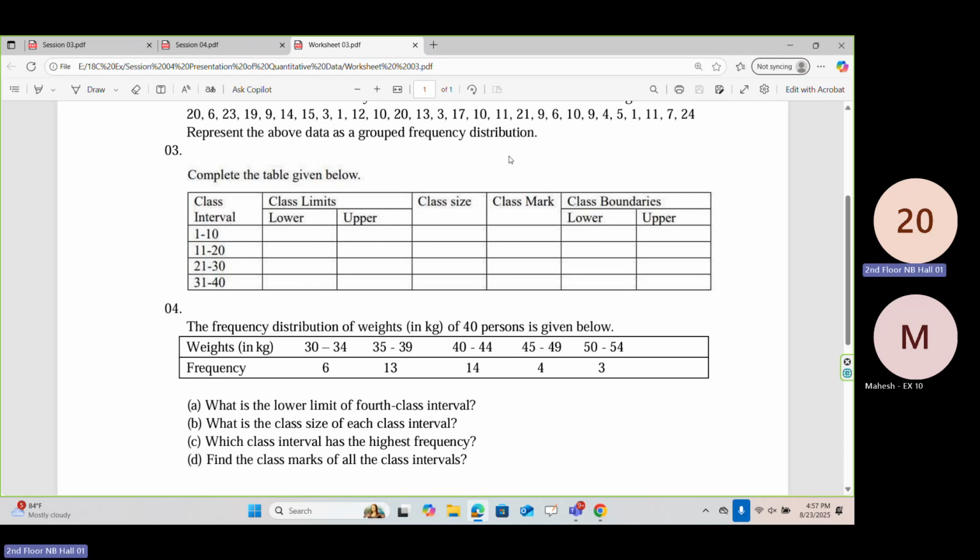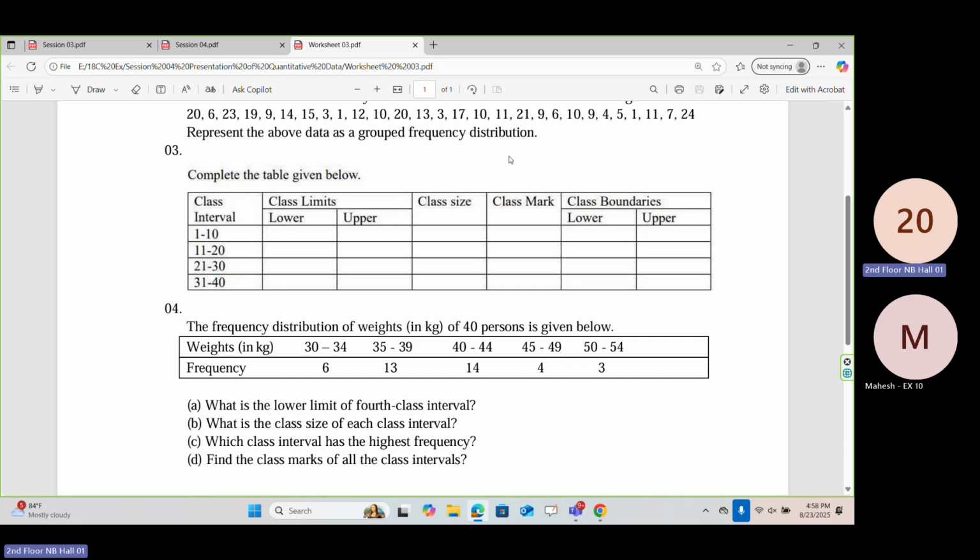Question number 4. The first one asks, what is the lower limit of the fourth class interval? Here the fourth class interval means 45 to 49. What is the lower limit? 45. These are limits. What is the class size of each class interval? 5.